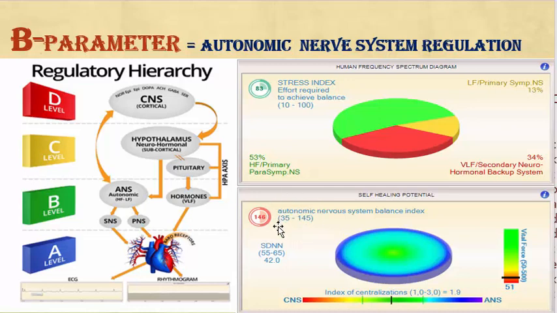In the normal range, it runs between 35 and 145. In this case, we see it's a little bit over the limits, and this represents that the high frequency is a little bit higher, which is one of the good parameters. But we see the vital forces start dropping down.